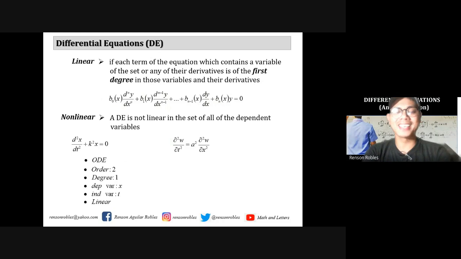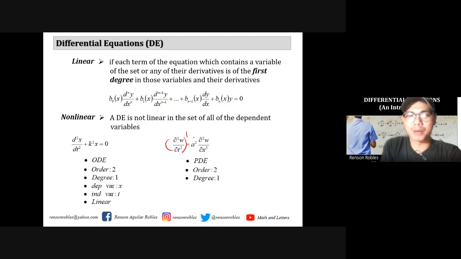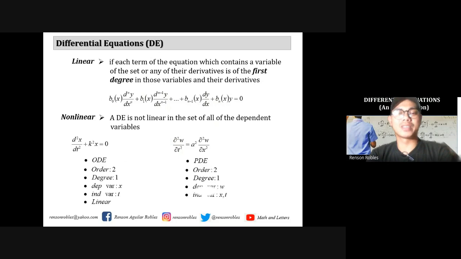So this is a partial differential equation of order 2 and of degree 1, since this is raised to the first power and this is also raised to the first power. The dependent variable is w, and the independent variables are x and t.